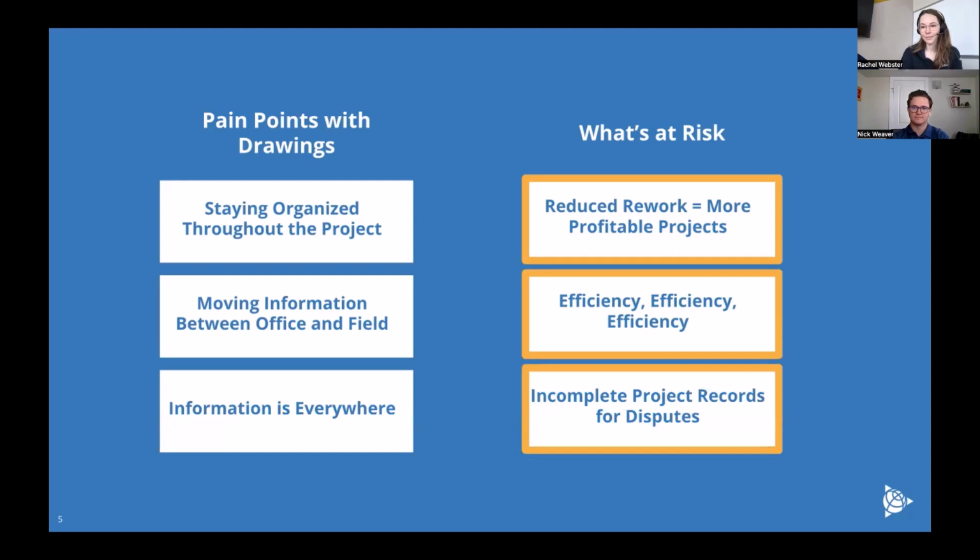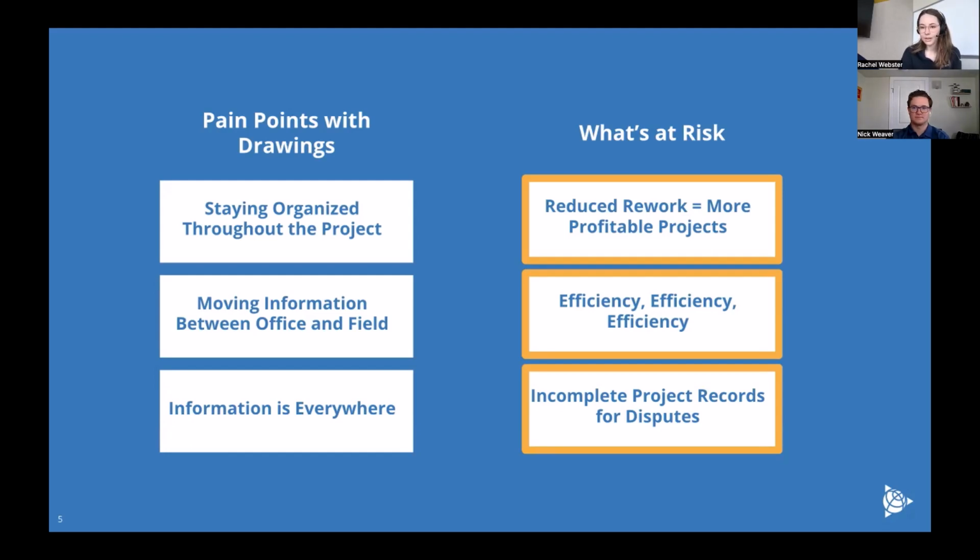Lastly, we all know that construction projects make information and it just gets everywhere. Organizing all of that can be a huge pain. But we all recognize that paperwork is just an unavoidable part of construction. What does it mean as a risk for your business? If you have documents that are not organized and your project records are not buttoned up, what happens if something goes wrong on a project?